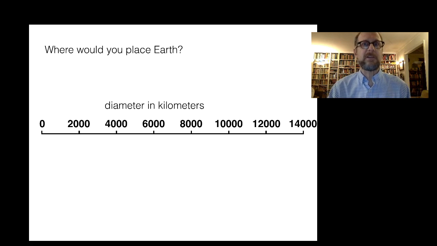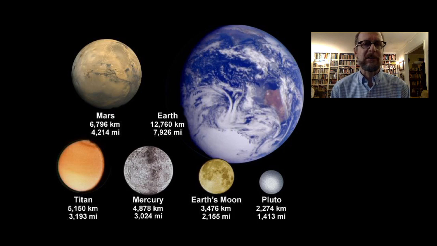So where would you place Earth here? Where would you place the moon? Where would you place Mars? Now, I don't expect you to have the diameters of different planets memorized. Here's a little graphic. The Earth is 12,700 and something kilometers.